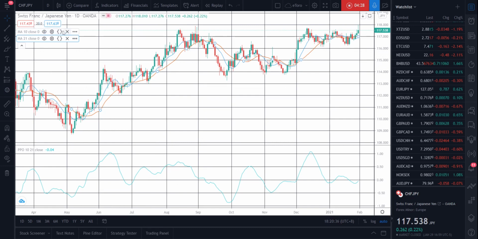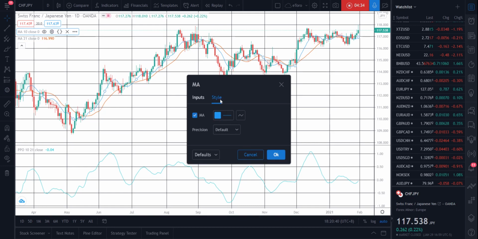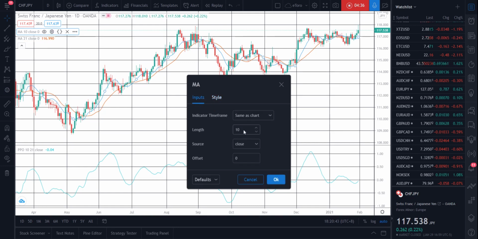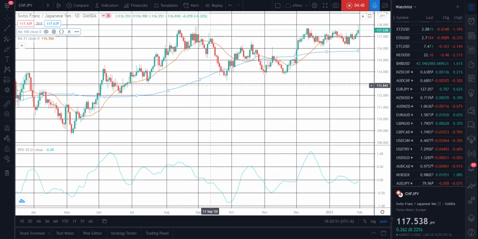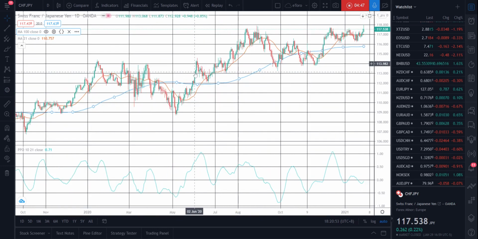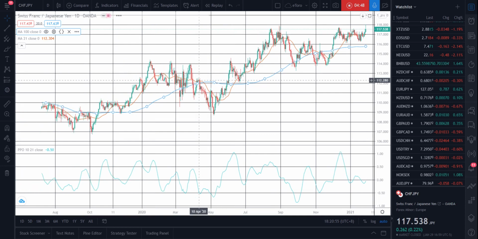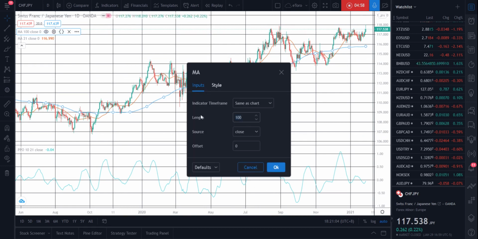I'm changing the 10 to something bigger, like maybe 100, to help us determine the trend. Oh, sorry, it's better to make one 200 because we're using daily.